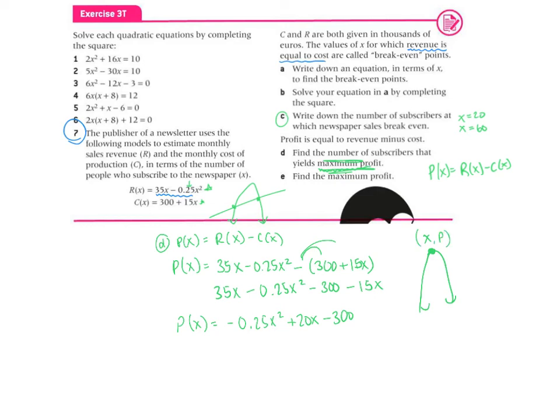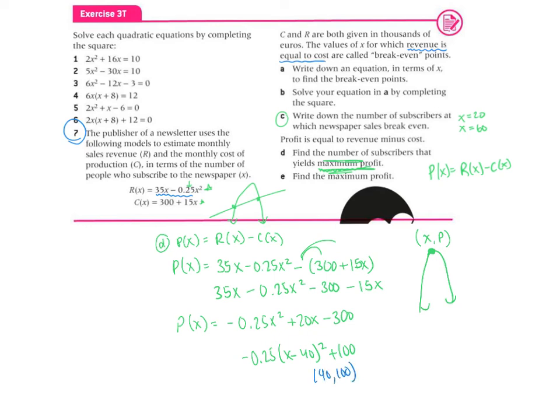Okay, so basically we have to find the maximum of this, and we had already put this one in vertex form. Remember, we had negative 0.25 times x minus 40 squared plus 100, sorry. And so we can see that the vertex is (40, 100).